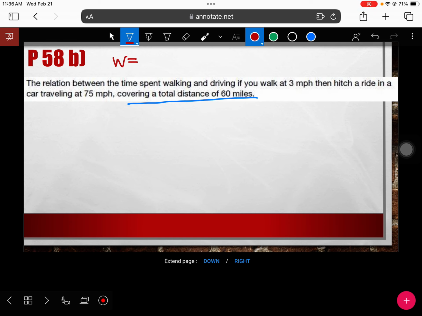You're right, W for walking would be good, but is it time spent walking? Okay, the time we are walking, and we are riding. So let's do R for riding. This is time we are riding. The relation between the time spent walking and, it says driving, but it should be riding.